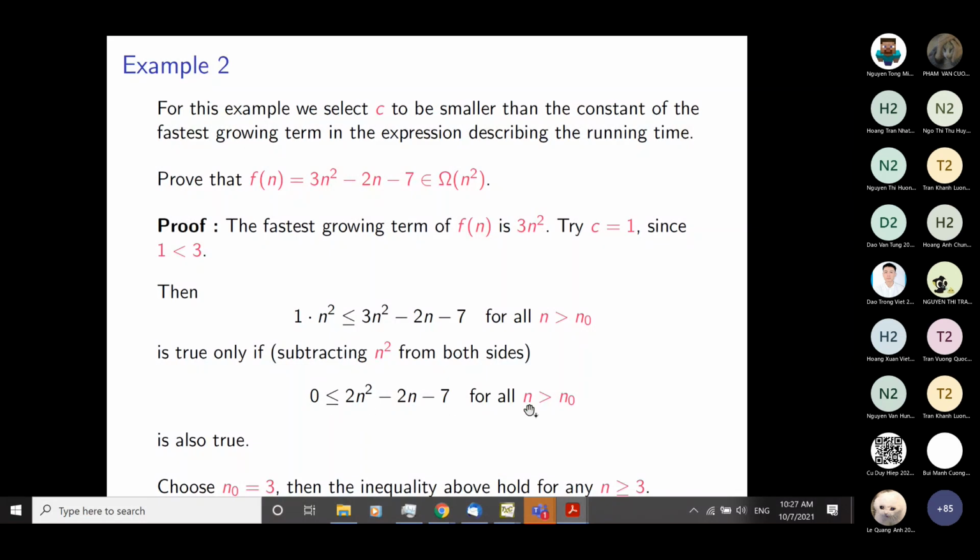If I select n to be equal to 2, this is 8, and this is 4 and 7, so it is minus 11, so that's not true. So selecting 1, or selecting any constant that is smaller than the dominant terms, we need then to select the value of n0 that will satisfy the inequality.